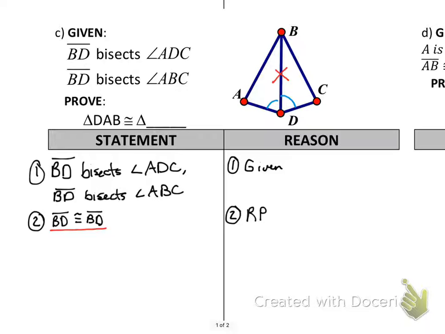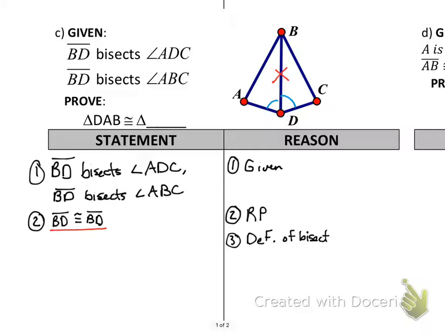I'm going to start with the reason, actually. What do you think our reason is going to be? We're about to show that those two angles are congruent, and we're going to write that down. But the reason for it is definition of bisect. We're basing this on that given that they gave us. Definition of bisect kind of acts like a translator.